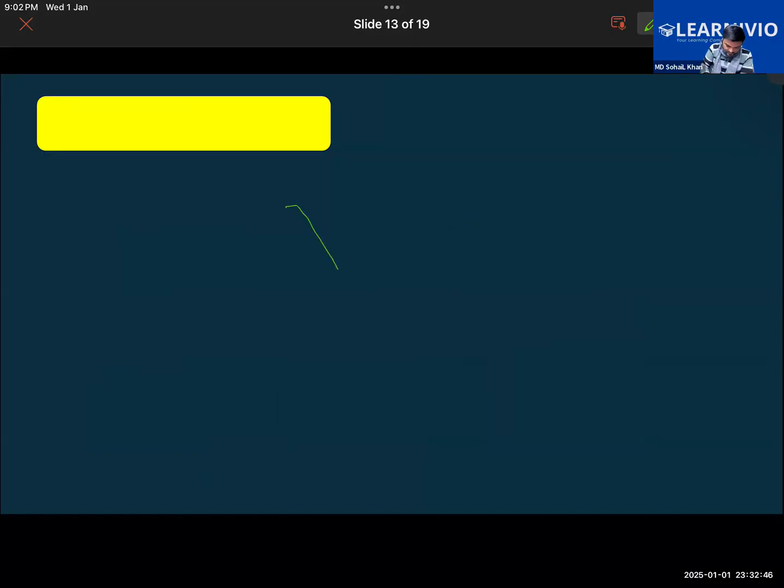Then you will notice that it not only has a vertical line, but it has many lines of symmetry. It has horizontal and vertical. It is vertical and horizontal both. What about this?